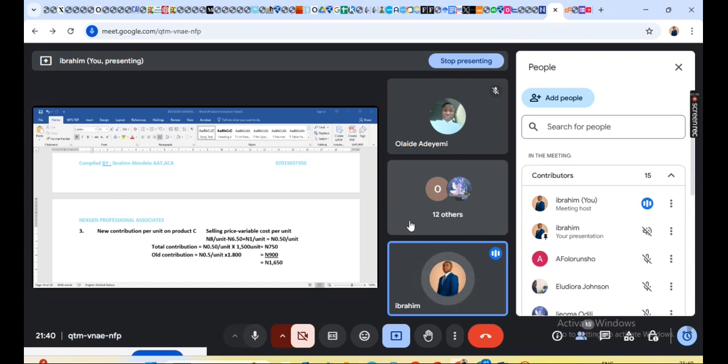Now, the old contribution that you calculated is like your savings. If you discontinue this product C, class, what do you have? You have a savings of 900.